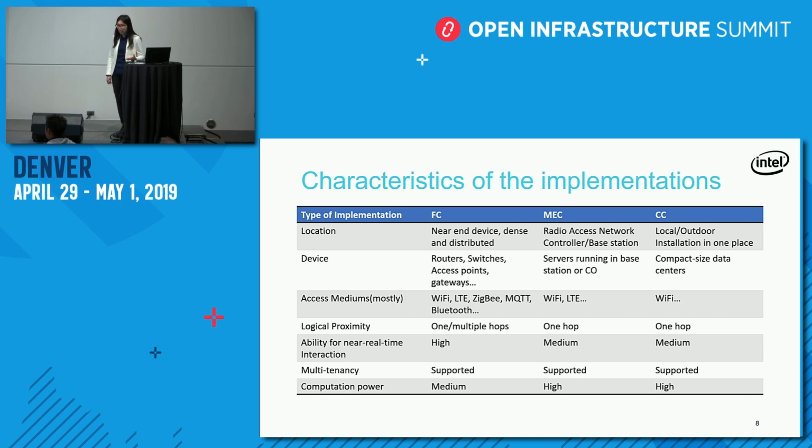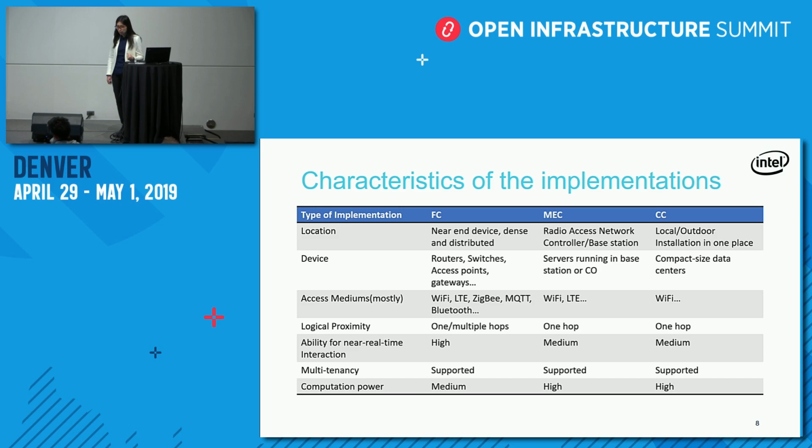Here I put the highest for fog computing since it is nearest to the near-end devices, so I just assume it could have better ability for near real-time interaction. And for multi-tenancy, I think every kind of these implementations would support multi-tenancy.